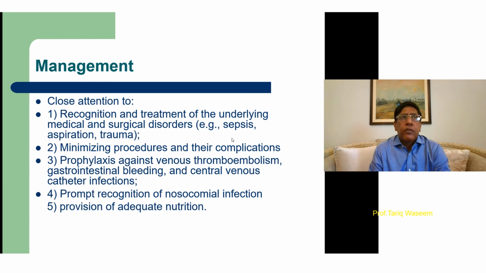Then the next is that we have to minimize the procedures and their complications which are likely to develop it. Once these patients are admitted in, say, a critical care setup or intensive care, they are also at risk of developing other complications like VTE, like stress bleeding from the gut.